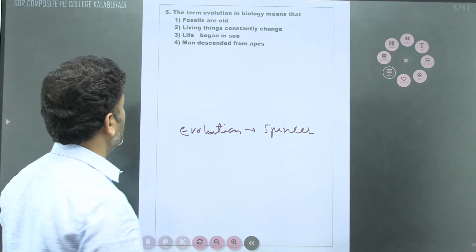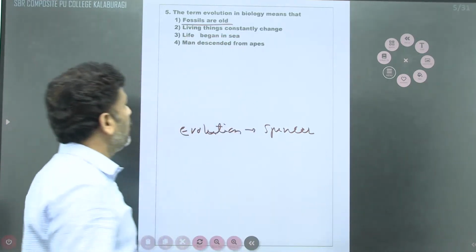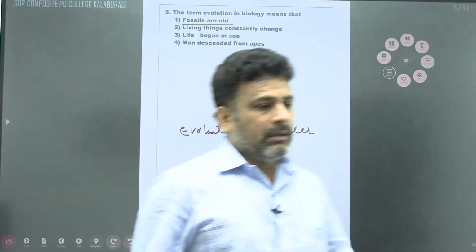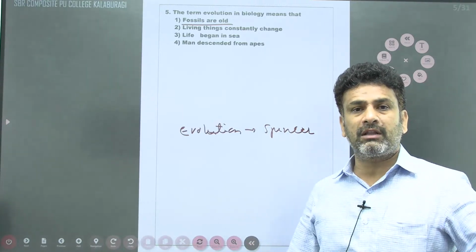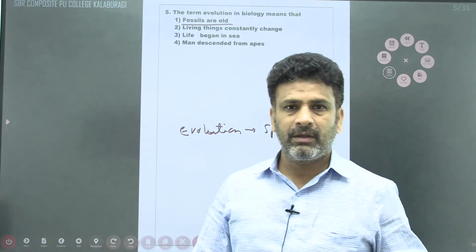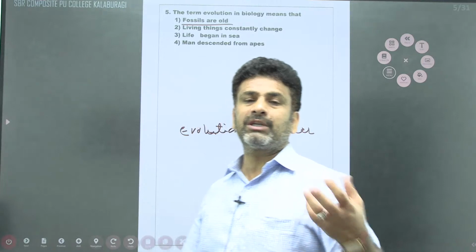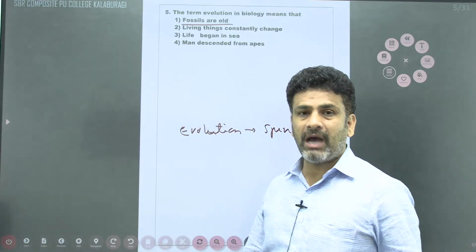According to that, does evolution mean fossil or old? No, it is not fossils. The fossils provide the evidences for the organic evolution, for the extinct individuals, or the vestigial organs.